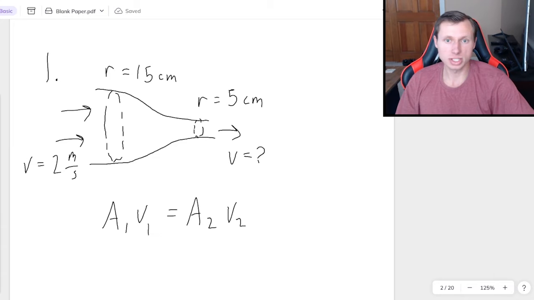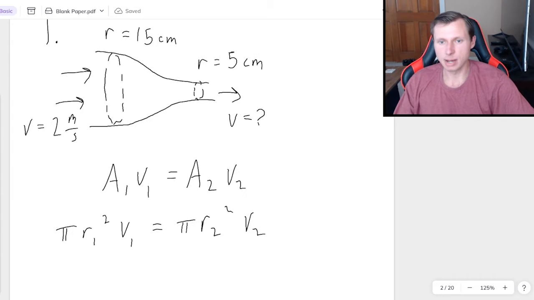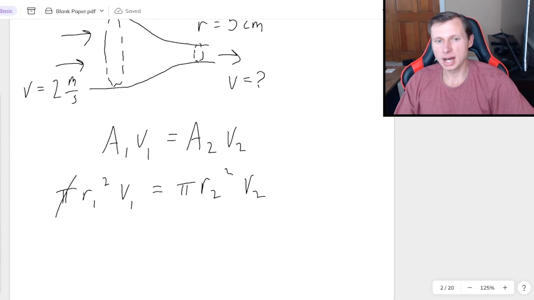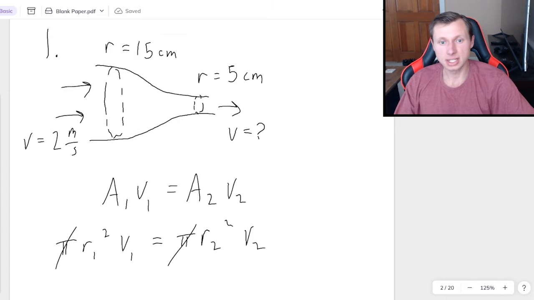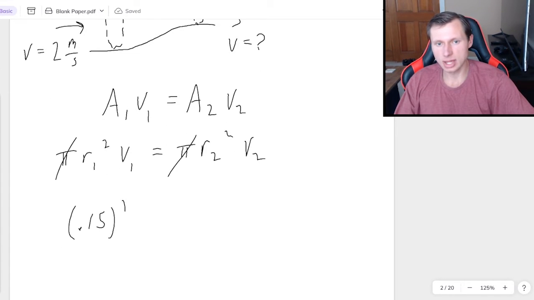In this case, the cross-sectional slices are circles because we have a cylindrical section of pipe. So in other words, it's pi r1 squared times velocity 1 equals pi radius 2 squared times velocity 2. Now we notice pi cancels, which is nice. R1 was 15 centimeters. I guess I should convert that to meters, right? So that's going to be 0.15 meters. And then we're going to square that.